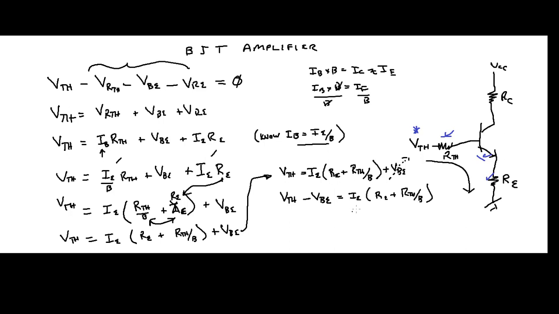Okay? Now, then we want to divide both sides by this quantity right here, right? So now we'll have VTH minus VBE divided by RE plus RTH divided by beta equals IE.